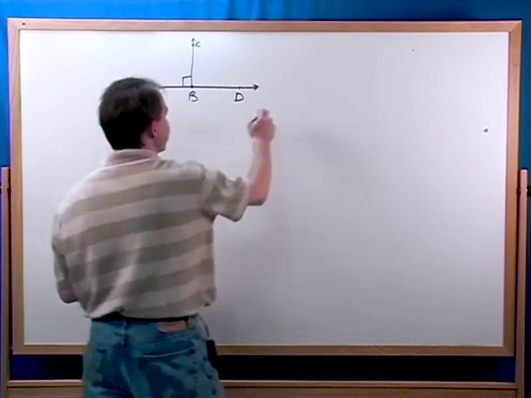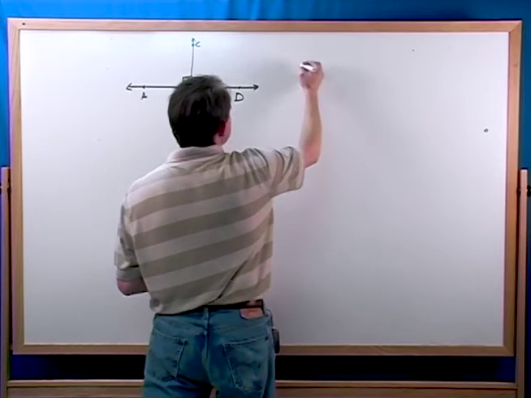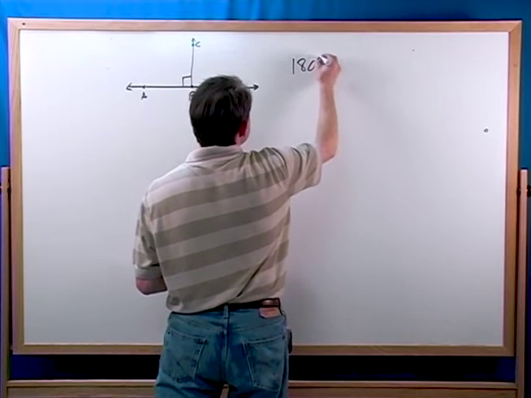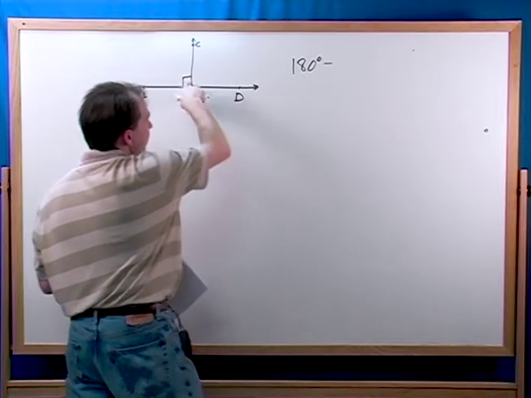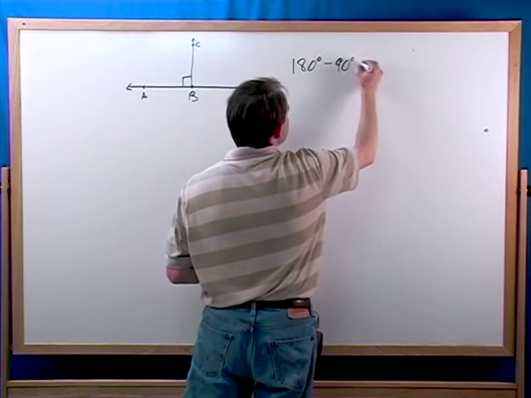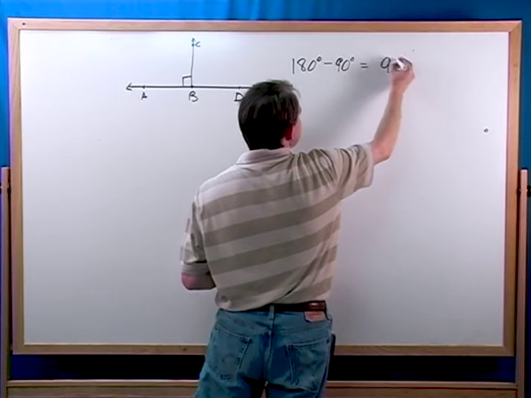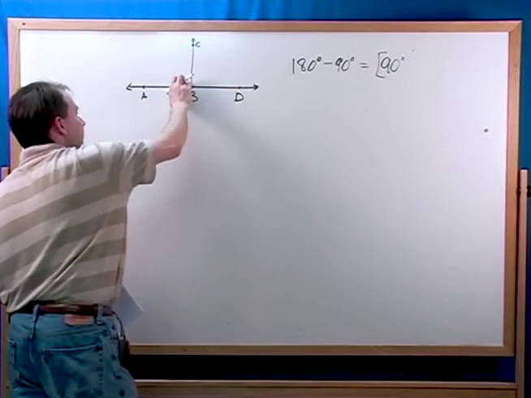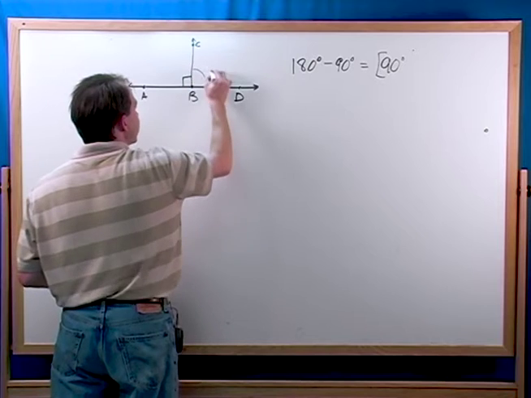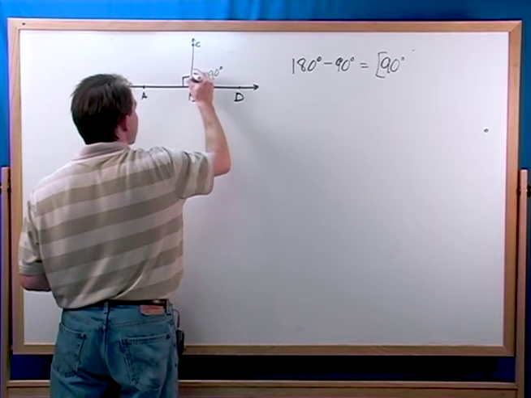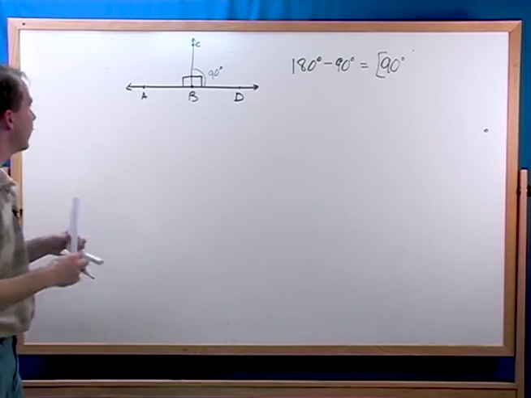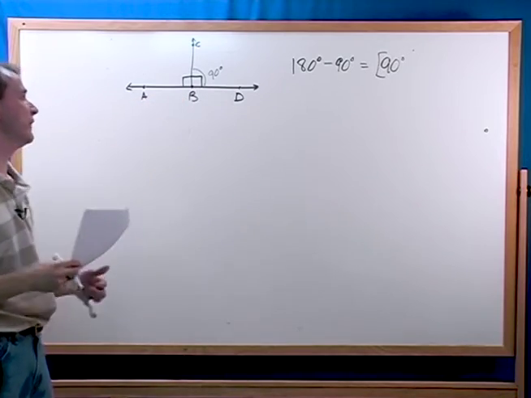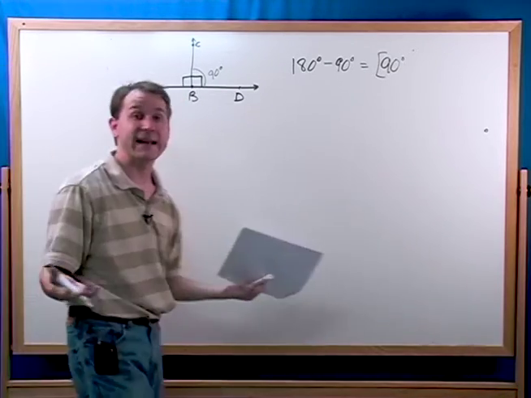Well, what is the supplement? Well, they have to add to 180 degrees. So if you take 180 degrees minus this 90 degrees right here, you're going to get 90 degrees. So the answer is 90 degrees. 90 degrees is the supplement to 90 degrees. So this is 90 degrees as well, which you can also write as another right angle. So the supplement of 90 degrees is also 90 degrees. And that's just because they add up to 180.